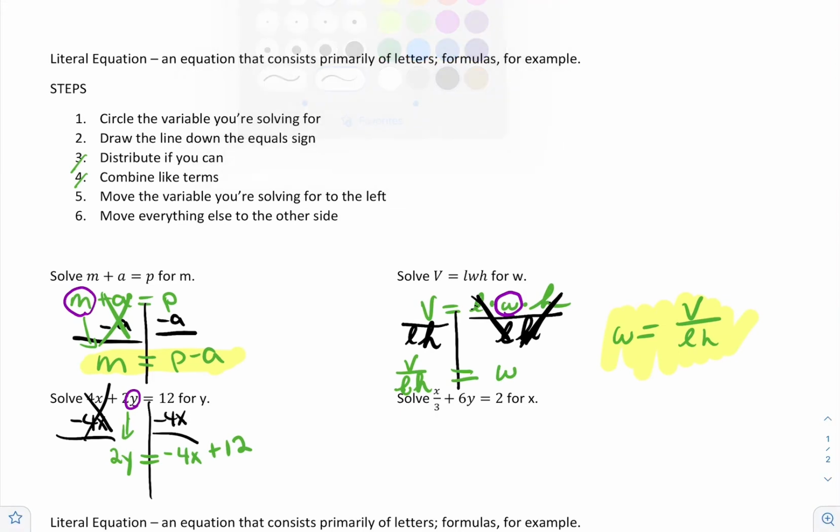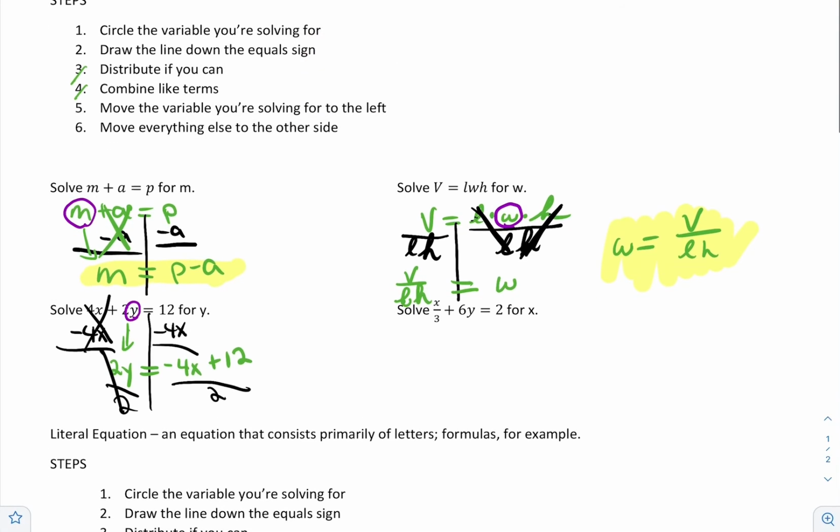And we're going to do this by dividing by 2. So finally, we can write that y is equal to, well, it looks like we have a negative 4x plus 12.